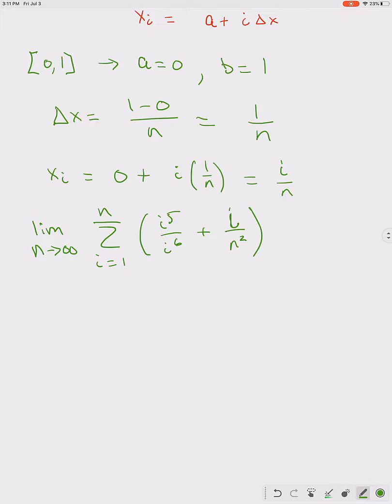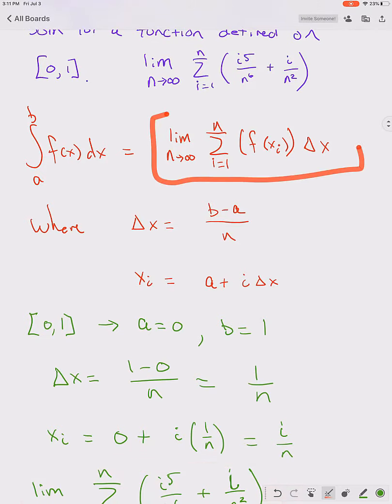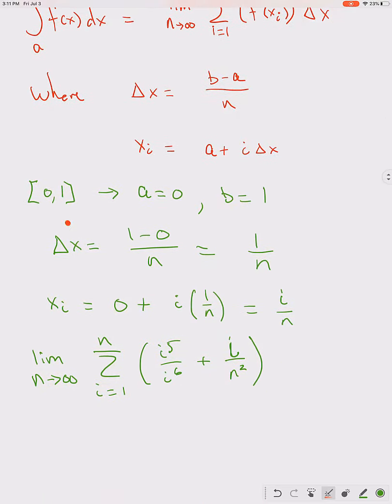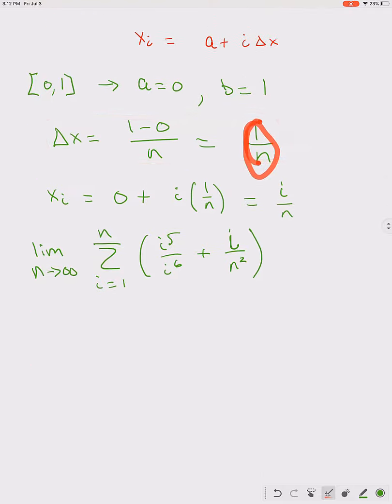The first thing I want to point out is that what I have listed here is not exactly like the definition up here, but it's close. It doesn't have a delta x. But what is my delta x? Well, my delta x is 1 over n.